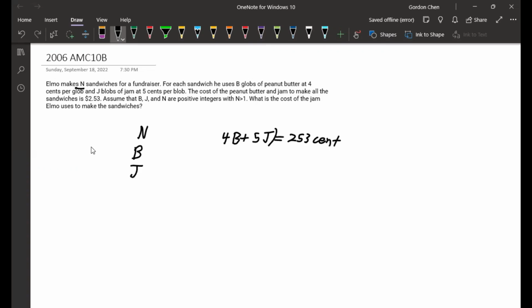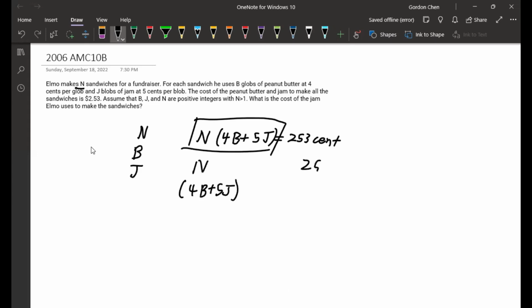And that's if you include the amount of sandwiches, which is N. And so we have two parts to this. We have the N and then the 4B plus 5J.